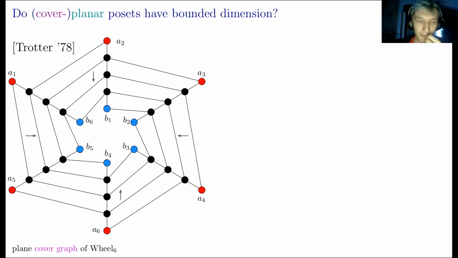And the most interesting fact about this poset is that it's cover planar and that we have a standard example in this poset. So how do we have the standard example? Reds are the A's in a standard example and blues are the B's, like here.